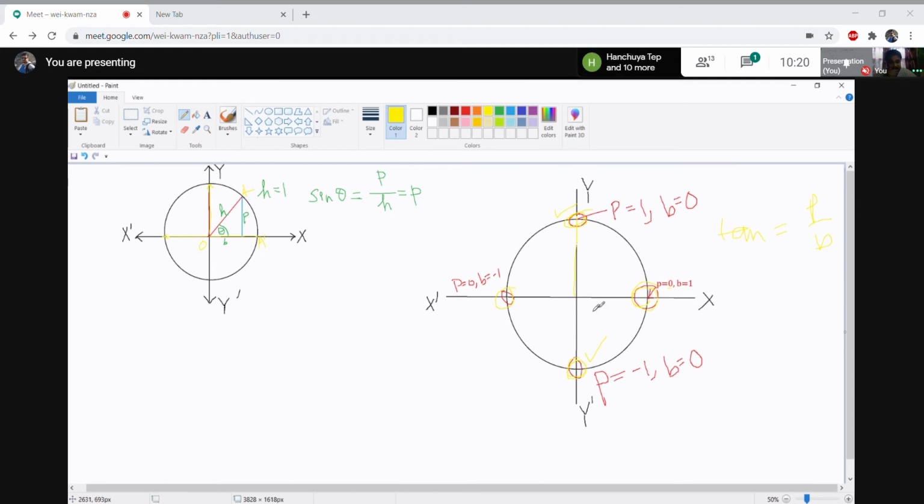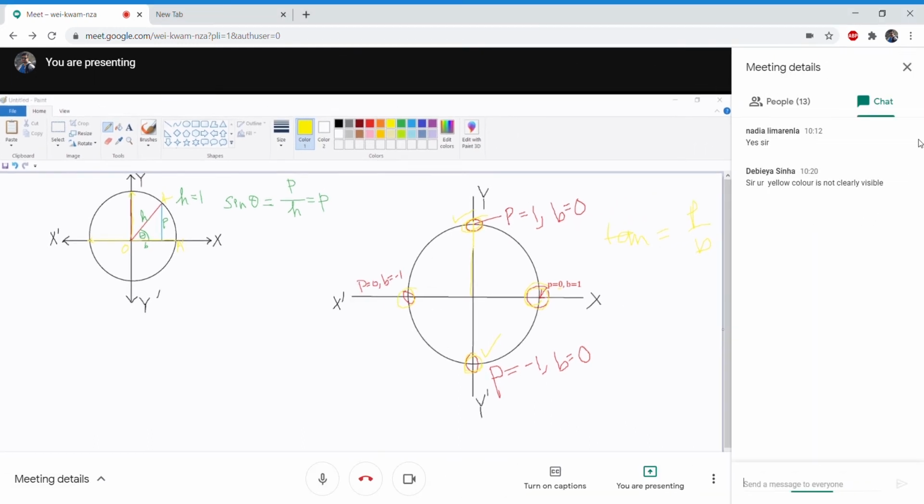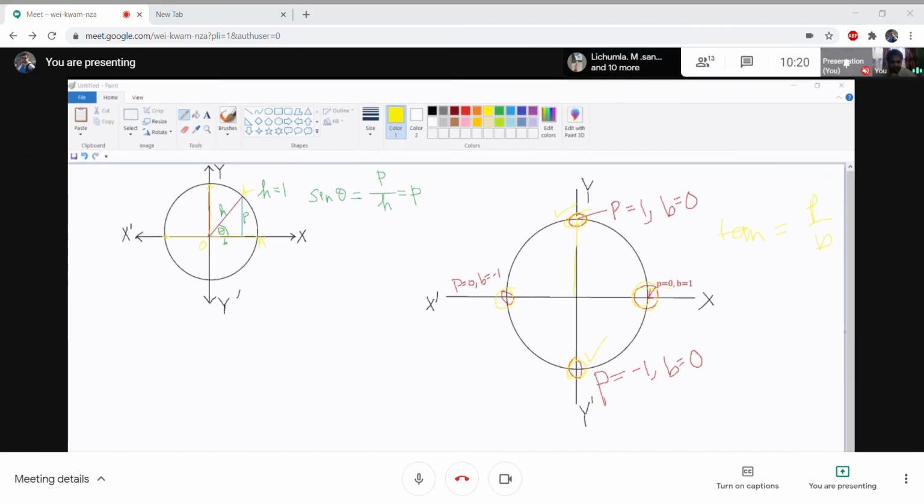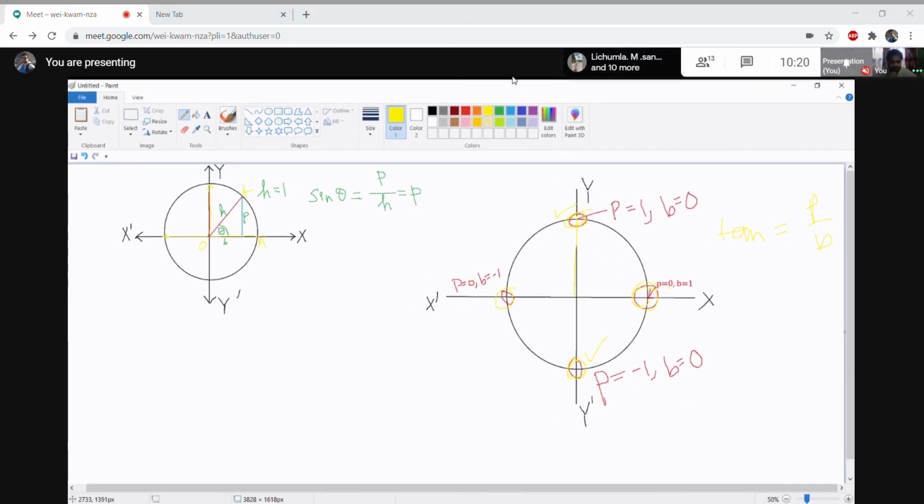Am I clear? So now why are we talking about this? Because now we will learn about the sine cos curve. Sir, does your yellow color mean this tan? Yellow color means, okay, fine, I'll use a different color.